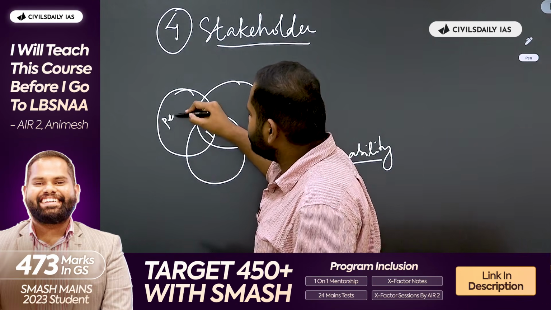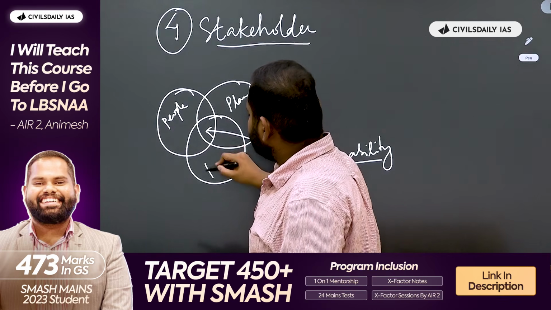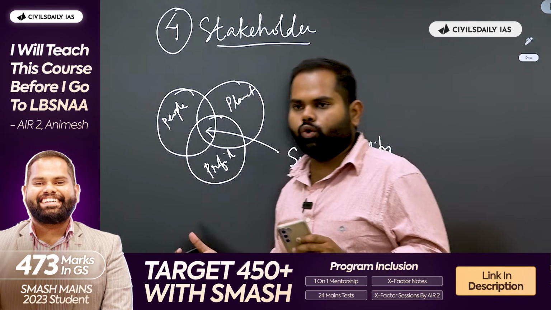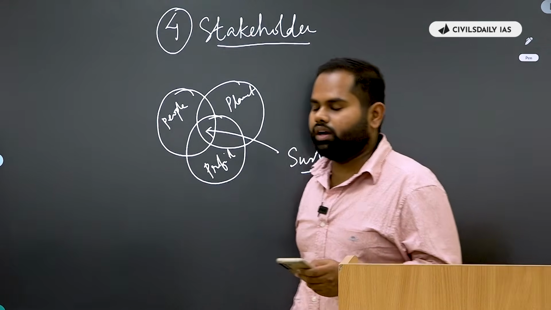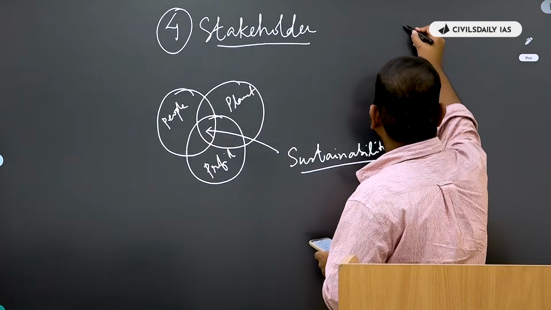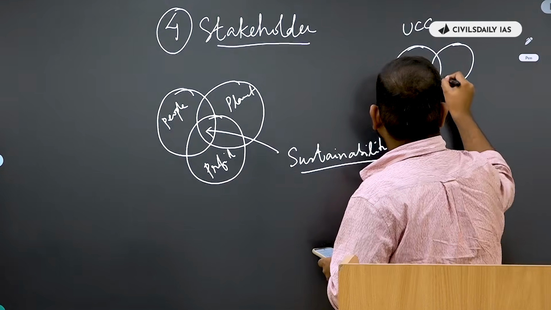It's the convergence of people, planet and profit, to show that industry and sustainability go hand in hand. It's a very common diagram that a lot of us draw. But similarly, if we have a concept like UCC, then also something could be drawn.